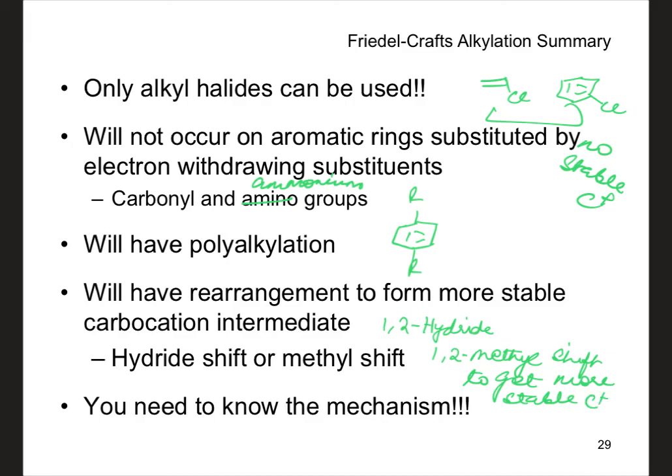And that's an important one. You must know the mechanism of this. Absolutely, especially in those that will require some kind of a methyl shift or hydride shift, because that's an added step.